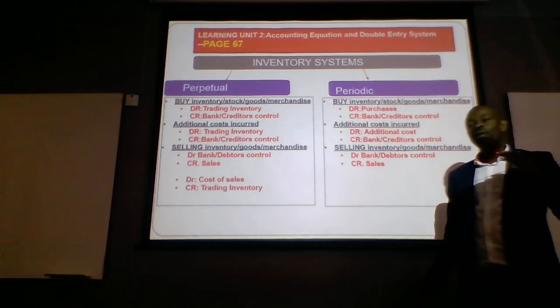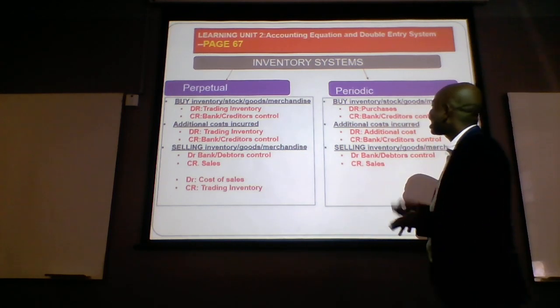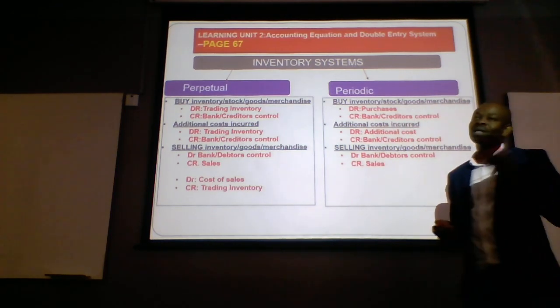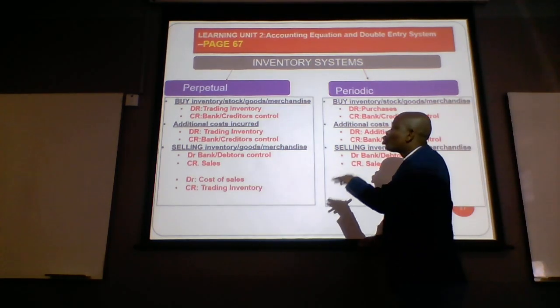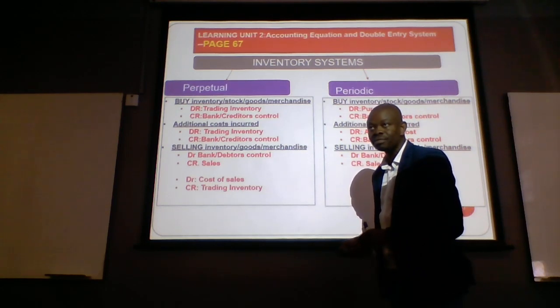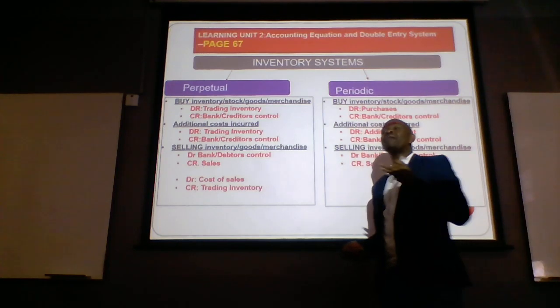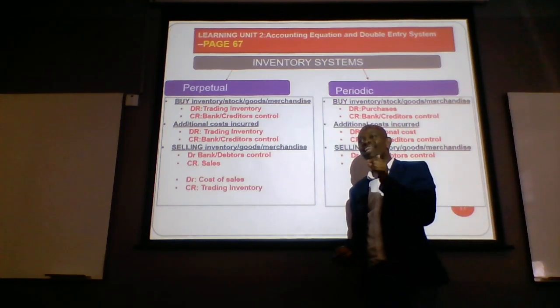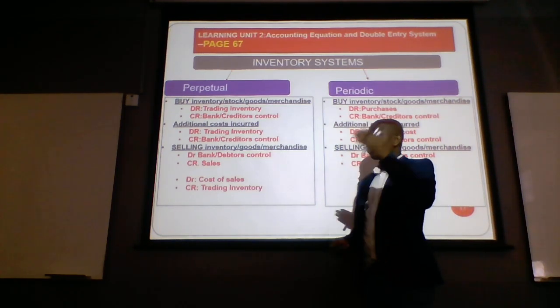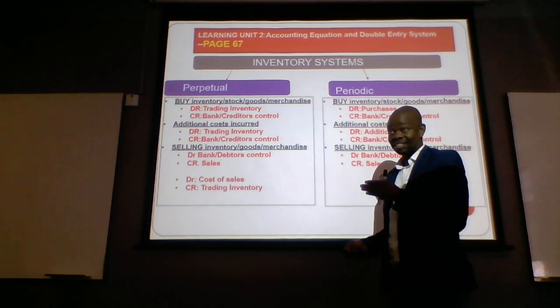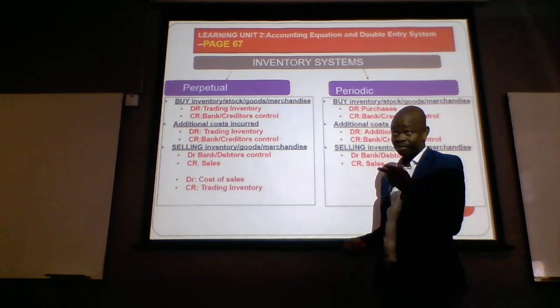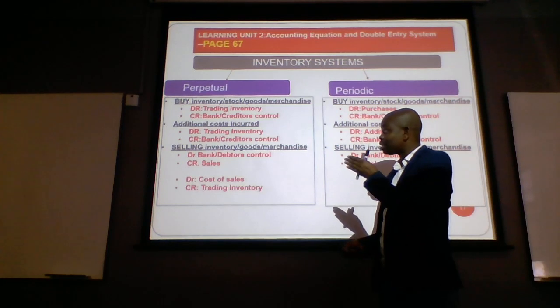But the most important thing is to know the accounts to be involved. Because by the time we start recording, we need to know which account to identify. I'm going to show you the differences. At the same time, I'm going to show you the similarities, because sometimes there are no differences. Everything will be the same for that particular transaction.